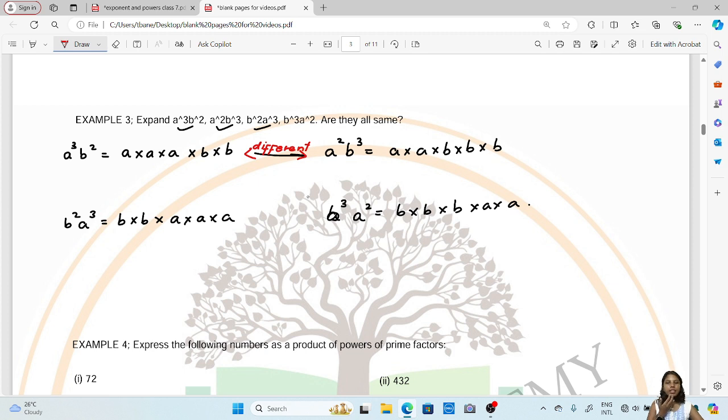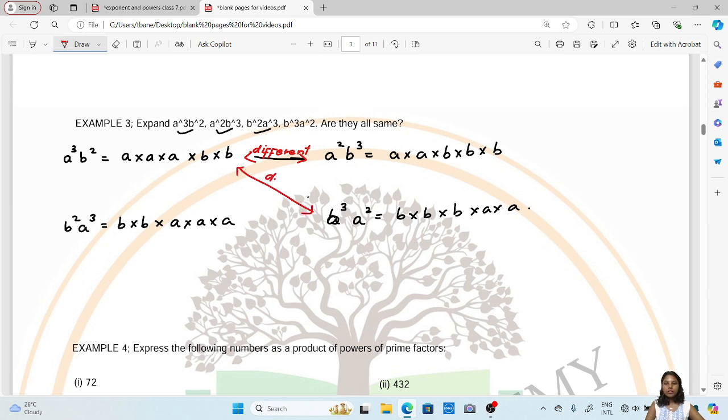Now let's match this and this one. So here also, see again, here b is in the cube. The power raised to the term is different. So these two are also different. Now let's look at this one. So now here b is square and a is cube. So this is the same. Now let's try to match this one with something.